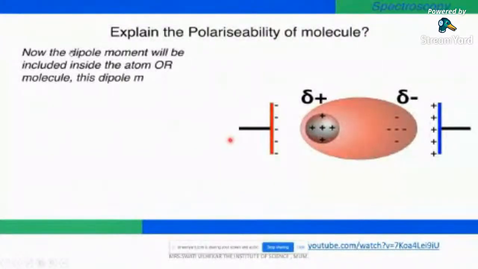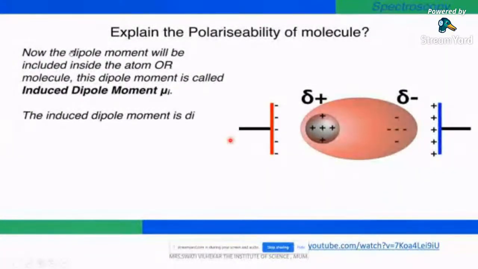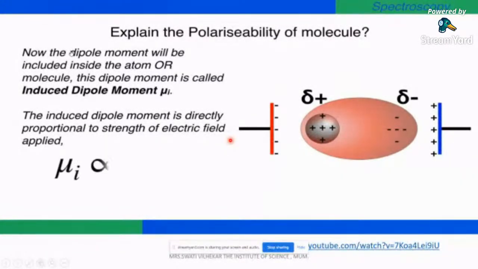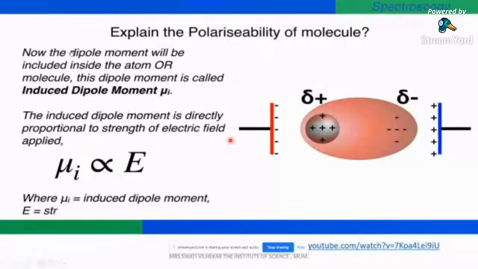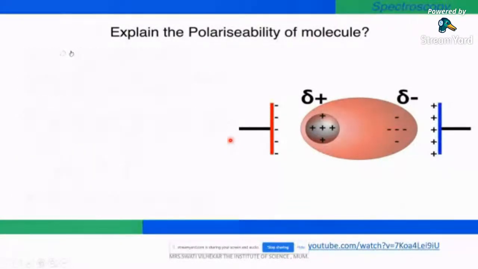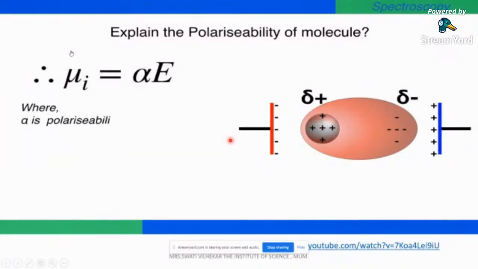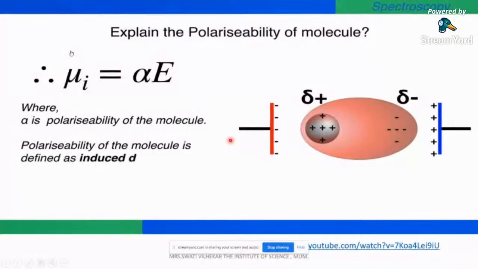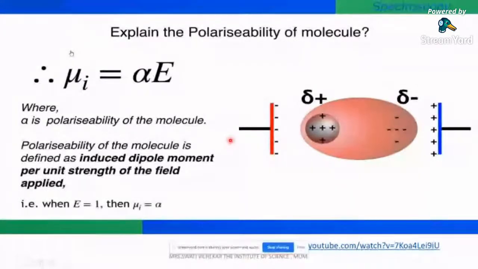This dipole moment is called induced dipole moment or mu I. The induced dipole moment is directly proportional to strength of electric field applied. Therefore, mu I is proportional to E, where mu I is induced dipole moment and E is the strength of the electric field. Therefore, mu I is equals to alpha E, where alpha is polarizability of the molecule. Therefore, polarizability of the molecule is defined as induced dipole moment per unit strength of the field applied. That is, when E is equals to 1, then mu I will be.